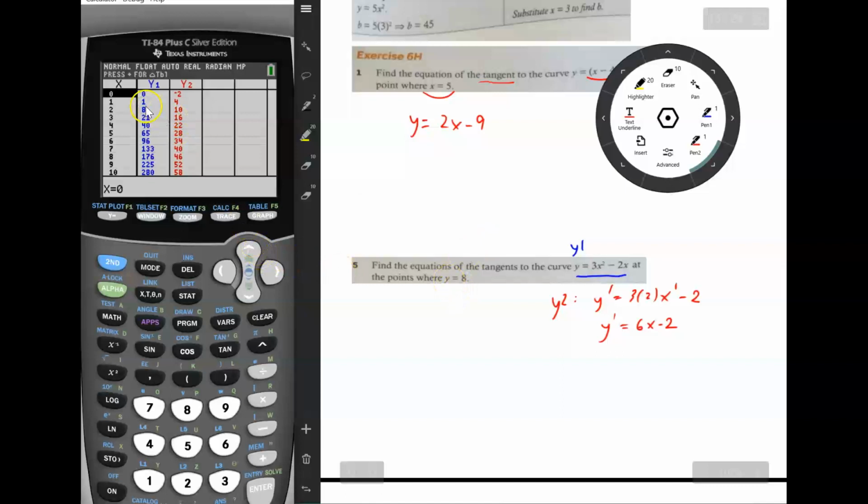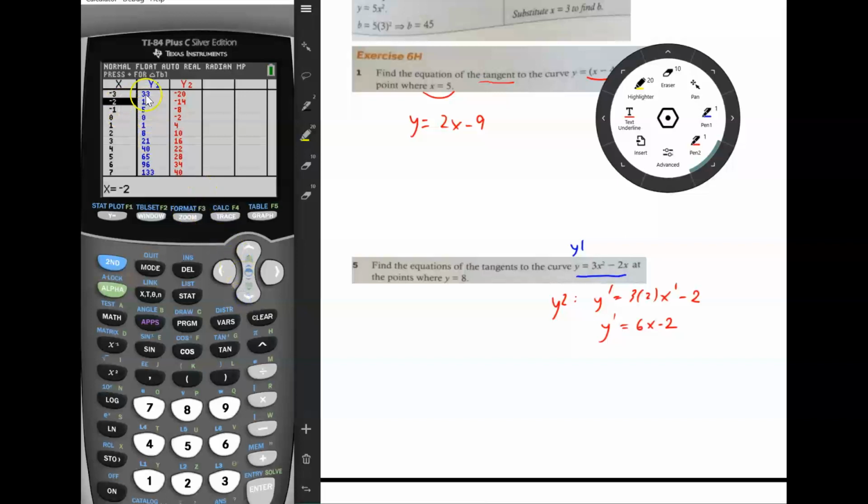Okay, so I already see one value of blue 8 here. I don't see any other values of blue 8 here. It's just getting bigger. We'll go back a little bit. I don't see any value for 8 here either. It looks like it would be between x equals negative 2 and x equals negative 1, because it would be between blue 16 and blue 5, right?